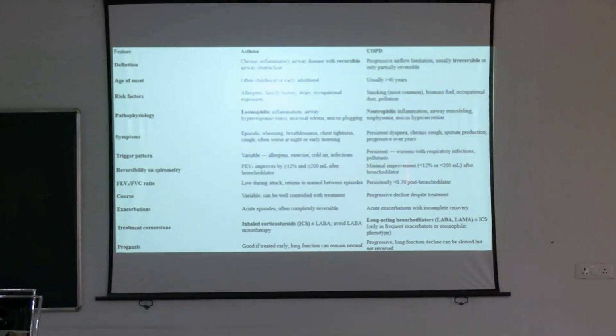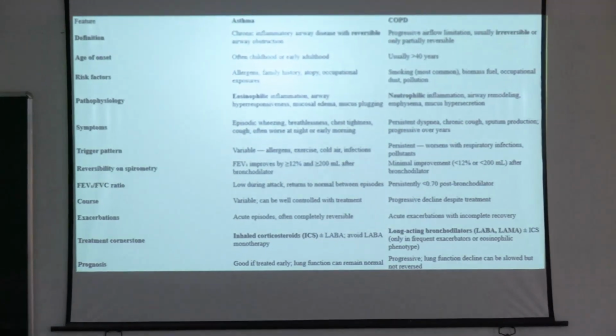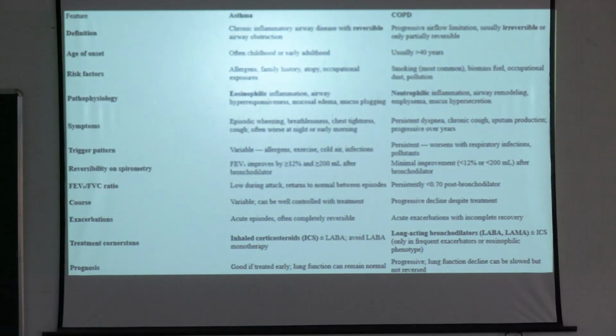So definition, I have already mentioned, asthma is purely variable in nature, but obstruction in COPD is persistent in nature. Age of onset, child or early adulthood, and this is usually more than 40 and 45 years. Exception is there in case of COPD. কোথায়? In which case COPD patient may present early?